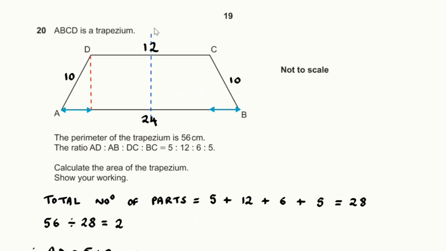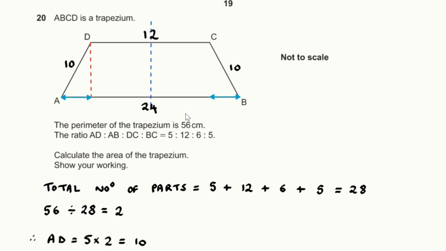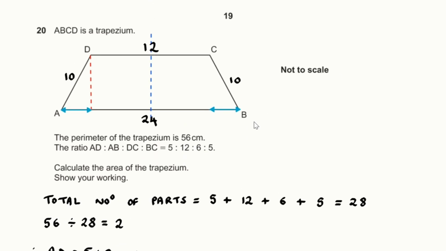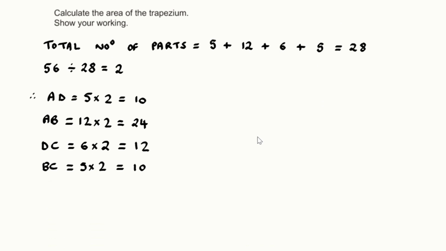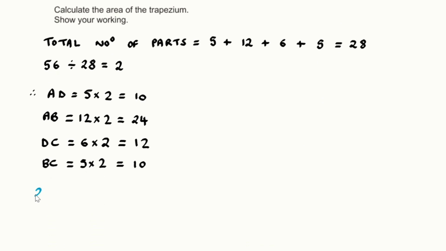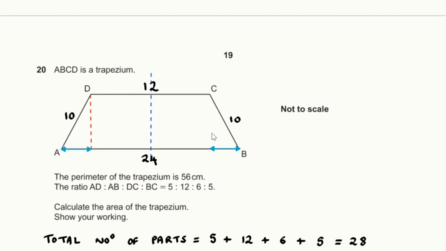Now this length over here will equal the difference between 12 and 24 divided by 2. So this length is 24 take away 12 divided by 2, which is equal to 6. So I've got 6 here, and I've also got 6 here.